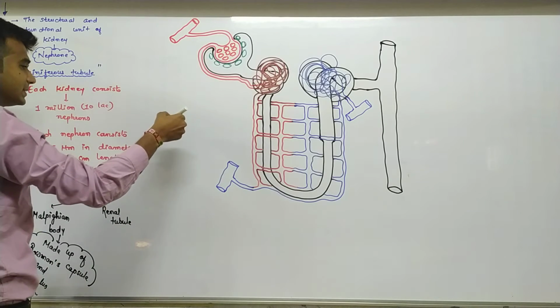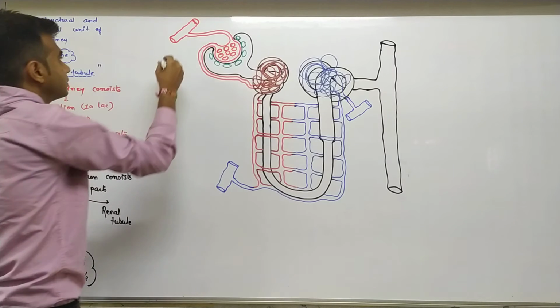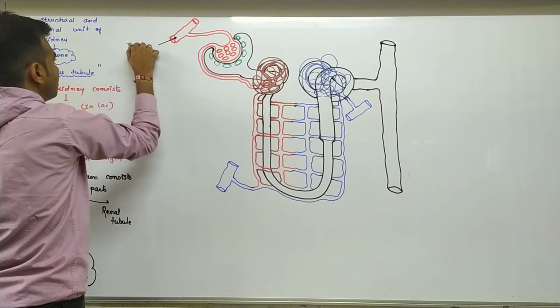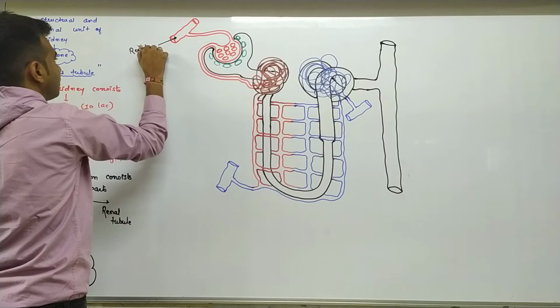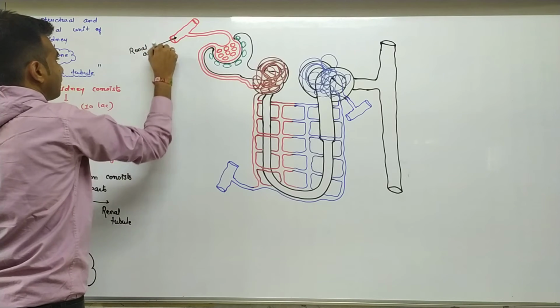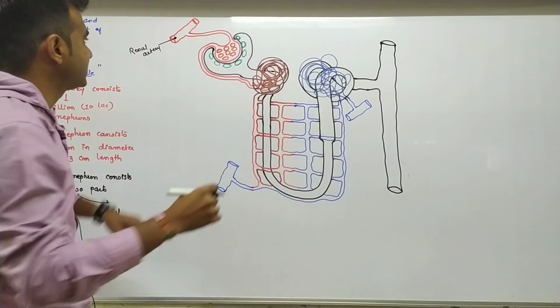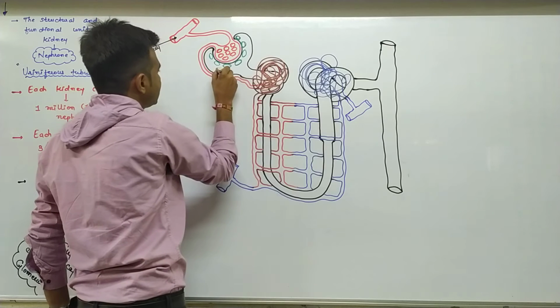This is known as the renal artery. From the renal artery, blood enters inside the Bowman's capsule. So this is known as the Bowman's capsule.